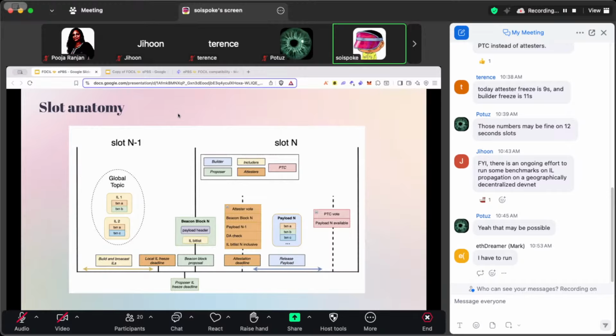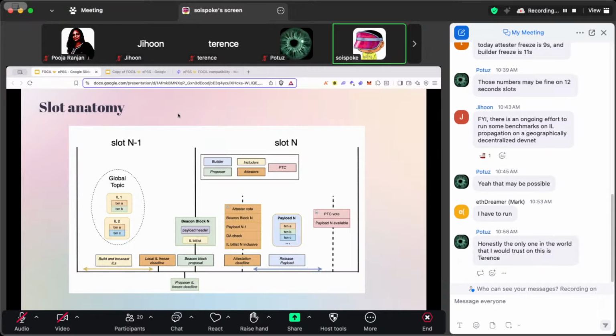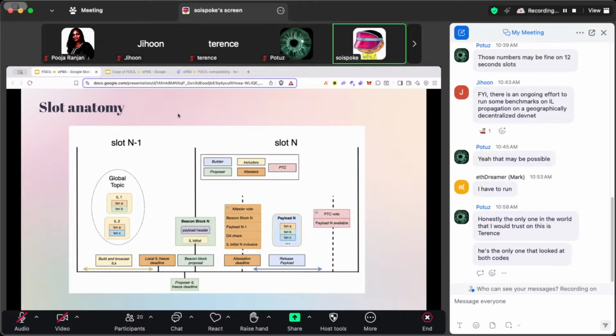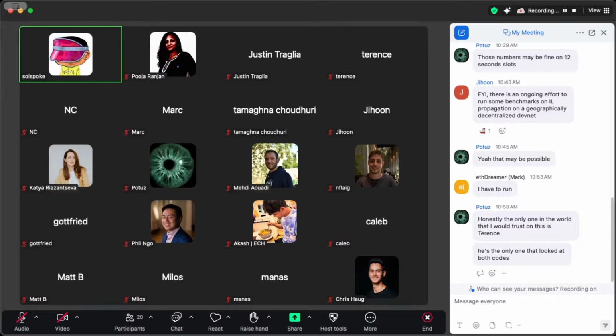And other than this, I think it's also nice if you haven't checked the Glamsterdam feedback thing on Ethereum Magicians. Basically there is a page soliciting stakeholder feedback on Glamsterdam.